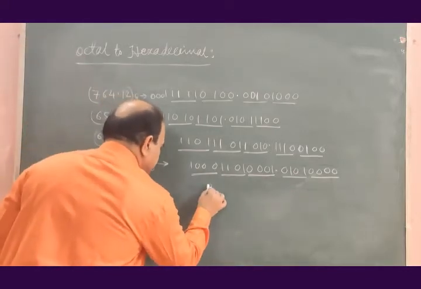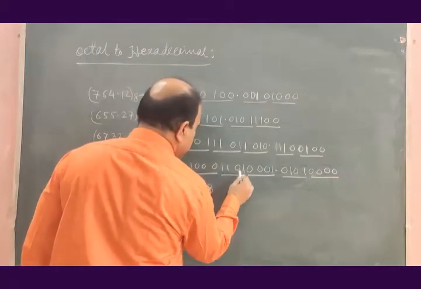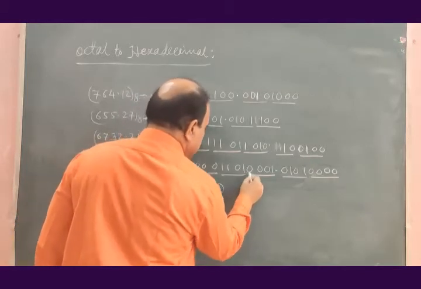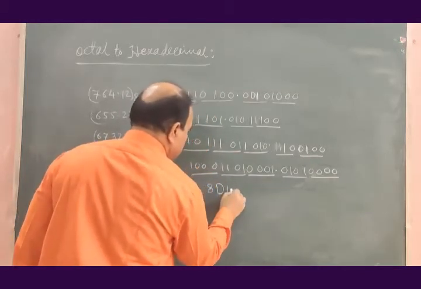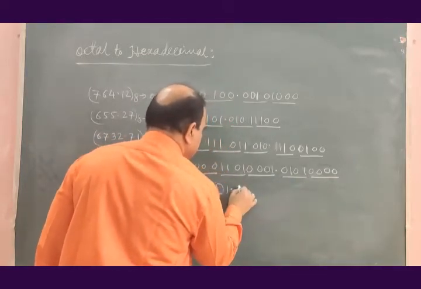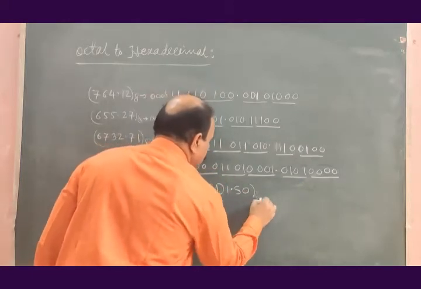This is 8, this is 13, 13 is D, this is 1, hex point, this is 5, next 0.